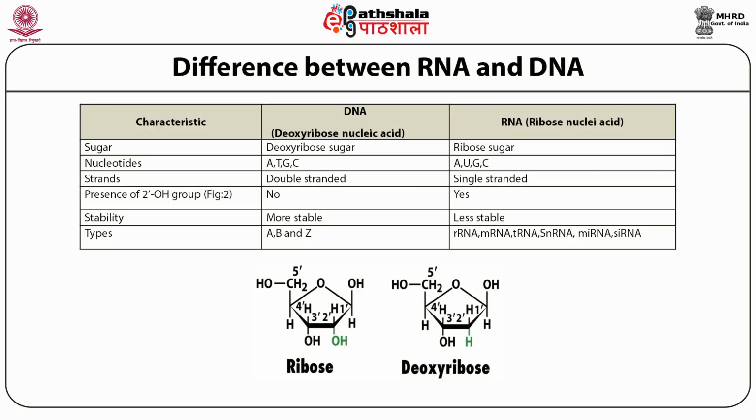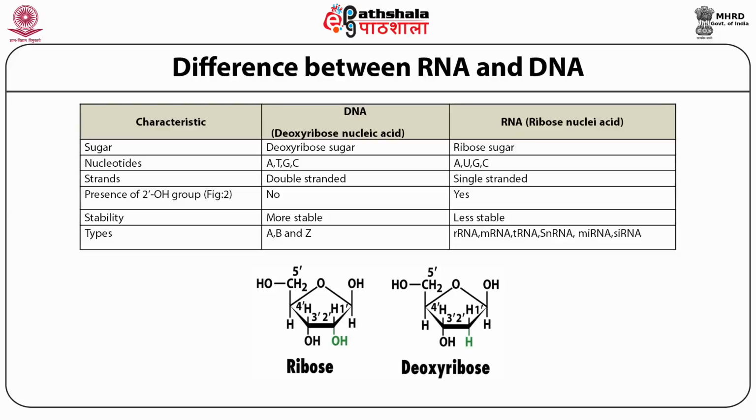Difference between RNA and DNA. Characteristics, DNA and RNA. Sugar: deoxyribose sugar in DNA, ribose sugar in RNA. Nucleotides: adenine, thymine, guanine, cytosine in DNA; adenine, guanine, uracil and cytosine in RNA. Strands: double-stranded in DNA, single-stranded in RNA.